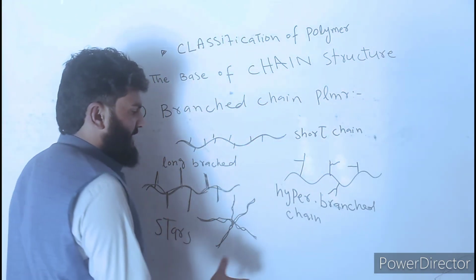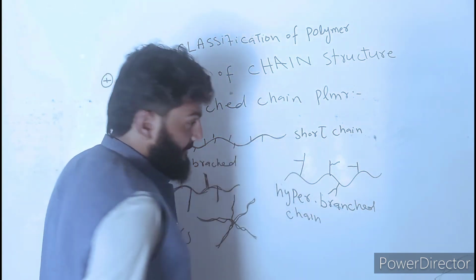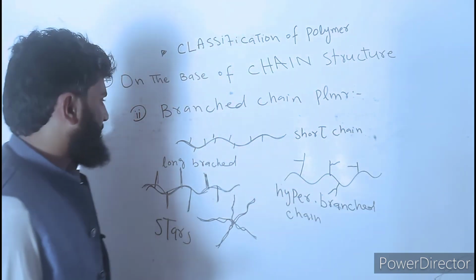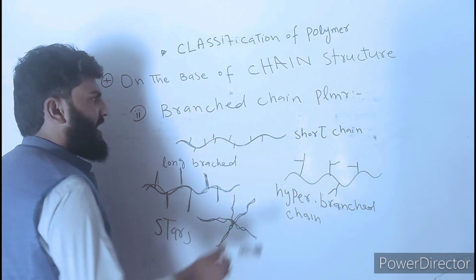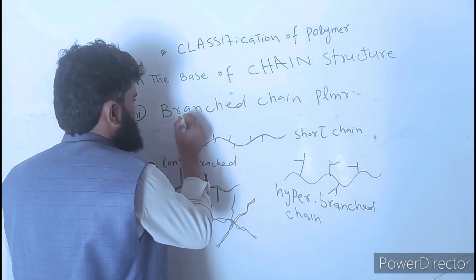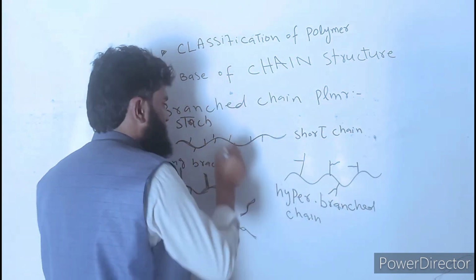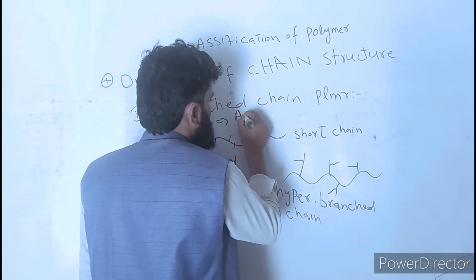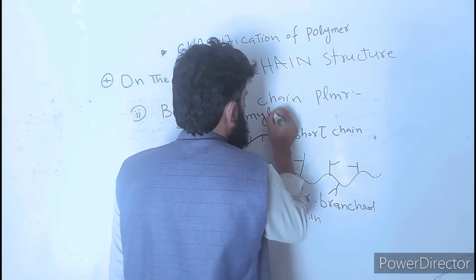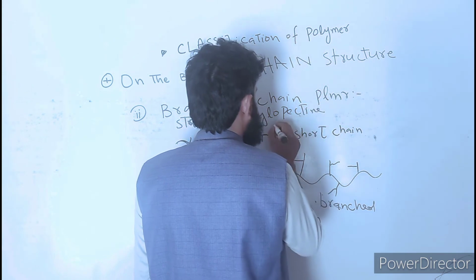So polymer chains can be arranged in these ways. Clear? The examples of branched polymers are starch, or amylopectin, and glycogen.